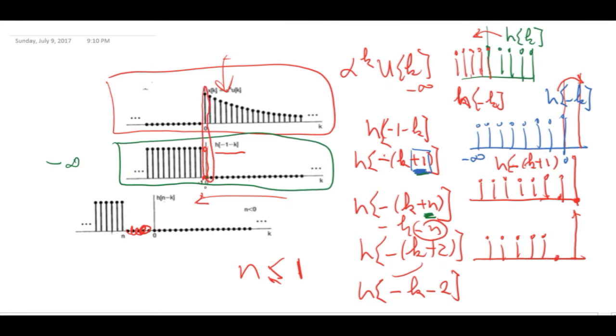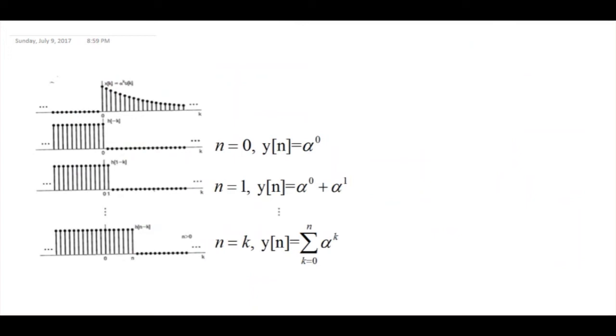When n is equal to minus 1, this one becomes 0. When n is equal to minus 2, then the waveform is something like that. So we don't have overlap. That is the reason why y[n] will all equal 0 when n is less than 0. Then I'm going to use the next slide to further elaborate that.